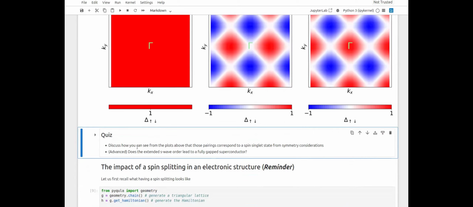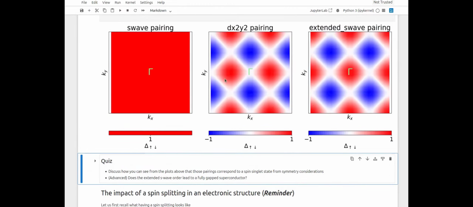So let us look at the question now. First, we have to discuss what you can see from the plots above, and how we know that all these pairing symmetries are singlet. The whole idea is that in superconductors, we can have spin singlet and we can have spin triplet, right? If we have spin singlet, then the superconducting order parameter needs to be even in momentum space. And if we have triplet, it needs to be odd in momentum space. So S-wave pairing is even in momentum space in a trivial way, right? Because it has the same sign everywhere.